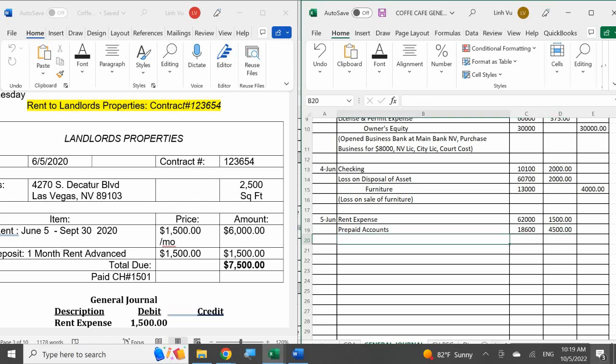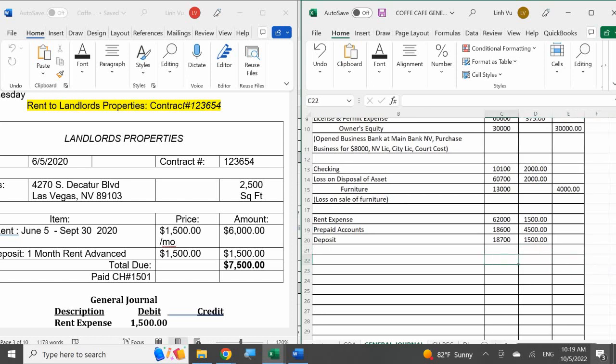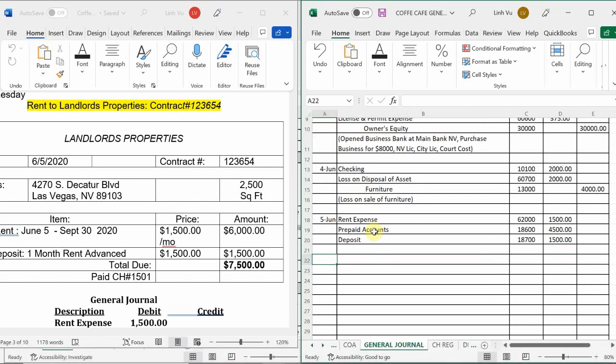And then how much is my rent deposit for? $1,500. It's for that 1 month's worth of rent, okay? And last but not least, how did I pay for it? By check. You wrote a check.